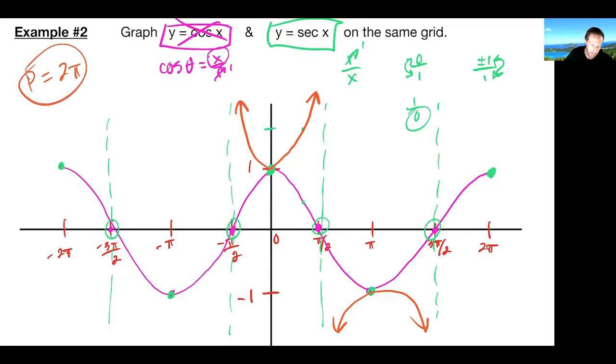Now, one thing I failed to mention on example 1 is, what about the amplitude? Those are some of the first two things that we talked about with sine and cosine. Well, remember, with the amplitude of sine and cosine, we had that peak and that valley, that high and that low, that max and that min, we call it, of 1 and -1. And from our x-axis, we said the amplitude was 1.